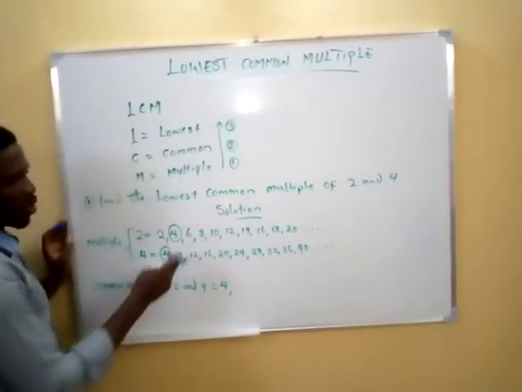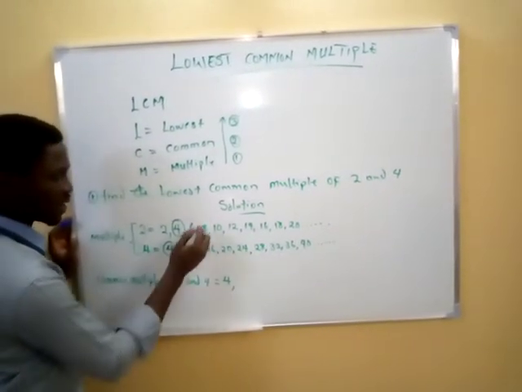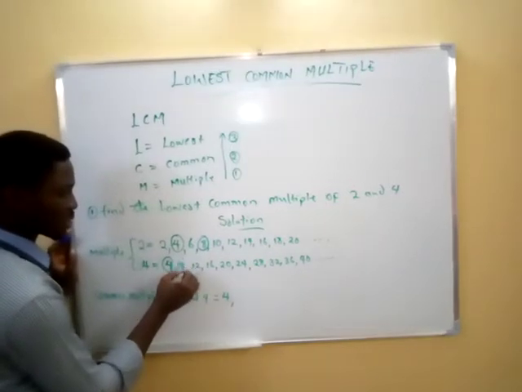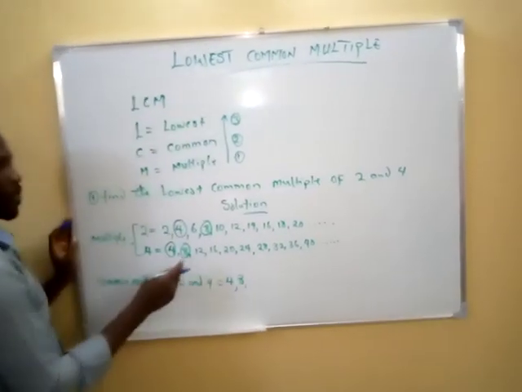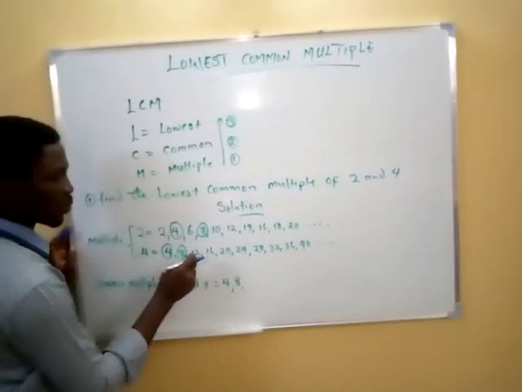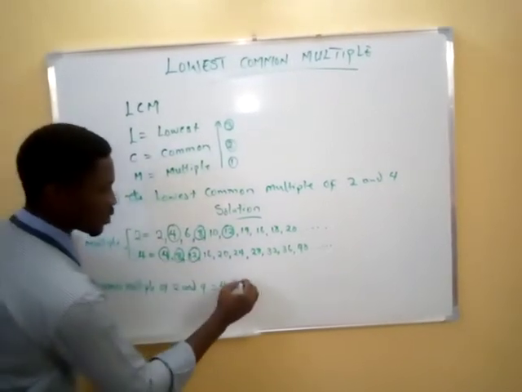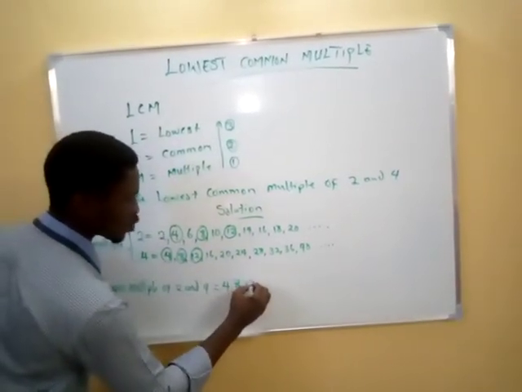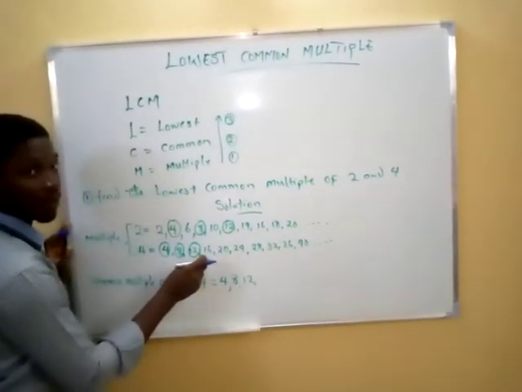We have 6 here, we don't have 6 here. We have 8 here and we have 8 here, so we circle 8 and we circle 8 and we write 8 down here and then comma. We have 10 here, we don't have 10 here. We have 12 here, we have 12 here, so we circle 12 and we circle 12, so we have 12, comma. Then we have 14 here, we don't have 14 here.